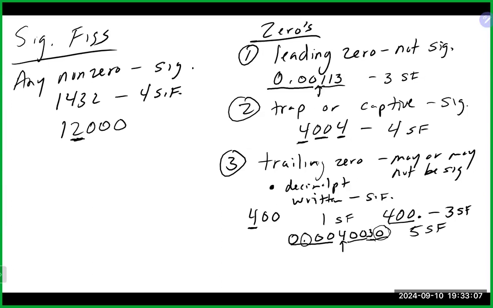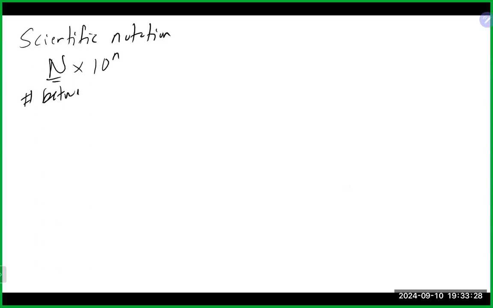Now, we talked about scientific notation, and I think we talked about using our calculators when we were doing the first couple of chapters. A reminder that proper scientific notation is N times 10 to the n, where N is a number between 1 and 10. It really can't be 10, but it can be 1, but it can't go above 10.